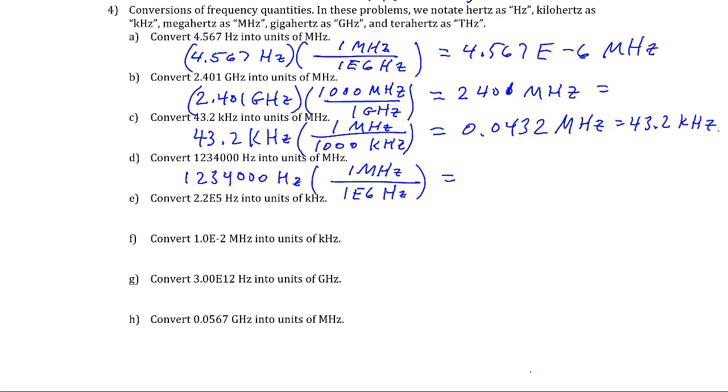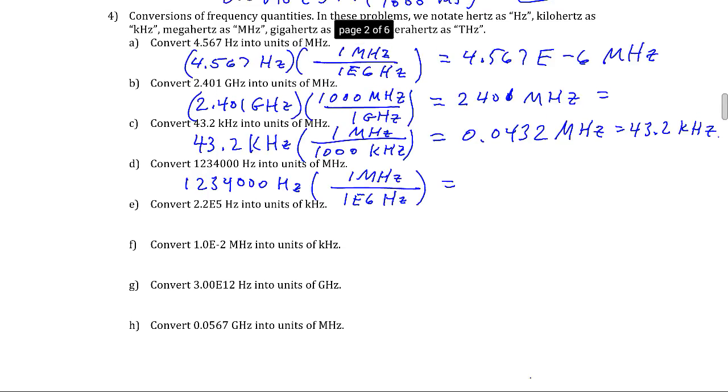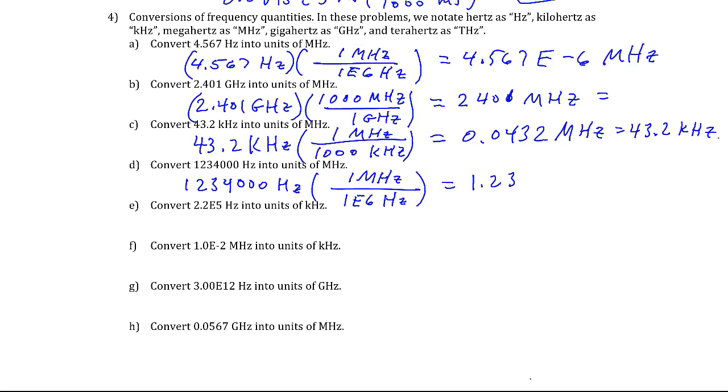We get 1.234 megahertz. Okay. It has been a long day.